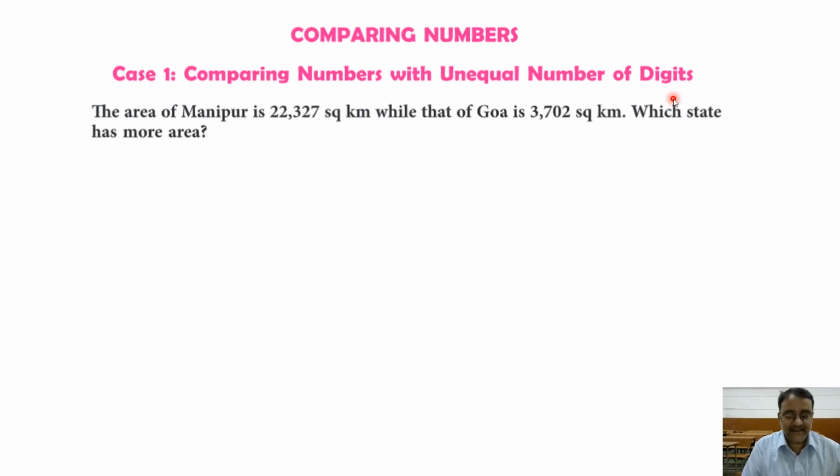See, the area of Manipur is 22,327 square kilometer, while that of Goa is 3,702 square kilometer. Here we have only 4 digits, while here we have 5 digits. So we can easily say that the number having more digits is the larger number.